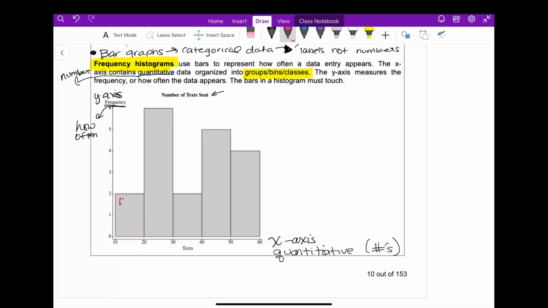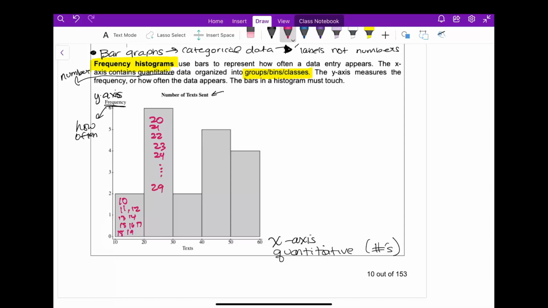This can have a 10, 11, 12, 13, 14, 15, 16, 17, 18, 19, maybe like 19.5, right? Anything 19-ish, but not 20. Where's the 20? The 20 is in the next bar. 20, 21, 22, 23, and so on, all the way down to, you guessed it, 29.